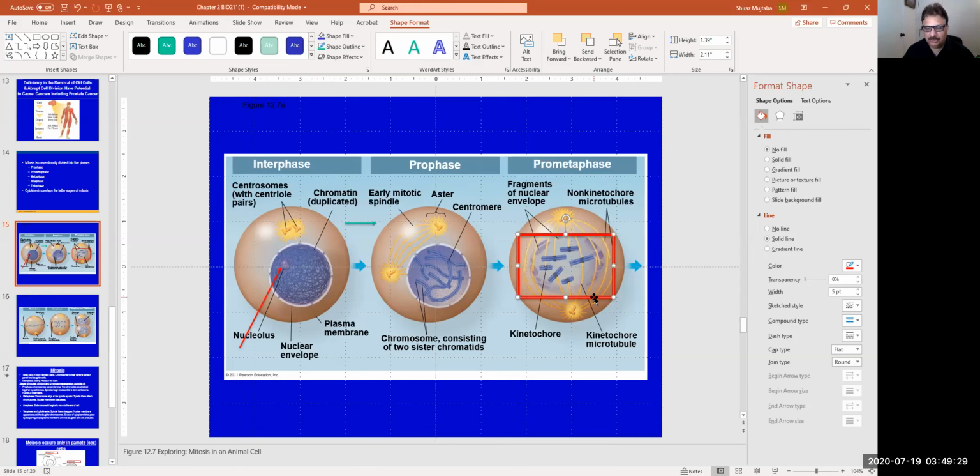So if you get a question, in which phase does the nucleus disappear, it is prometaphase. And what you see here again, the spindle fibers now occupy north pole and south pole. And the spindle fibers go and connect to each chromosome.